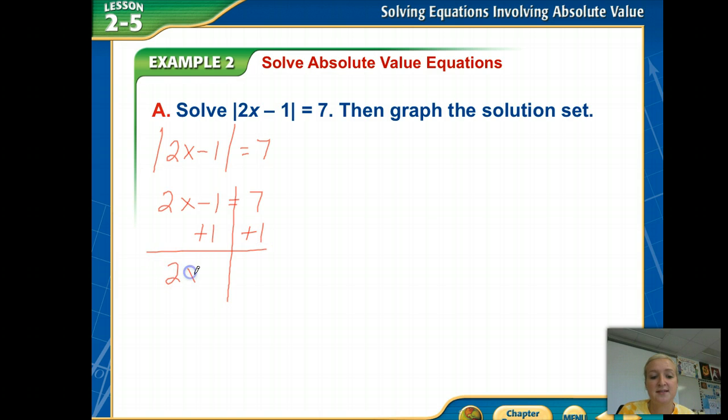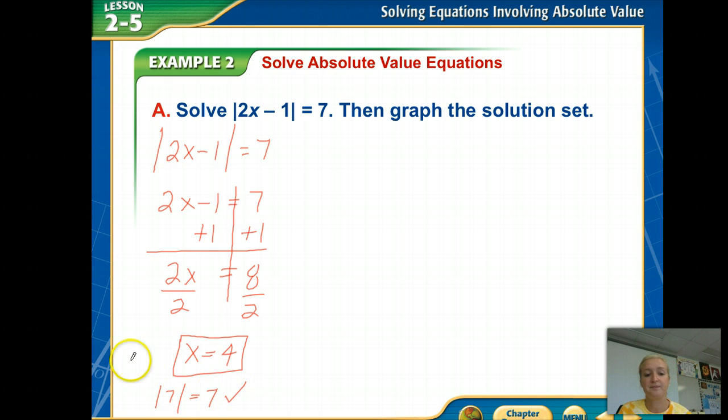I'm left with 2x on this side and 8 on this side. Divide both sides by 2, and you get x equals 4. So I'm going to plug that back in. 2 times 4 is 8, and 8 minus 1 is 7. The absolute value of 7 does equal 7.